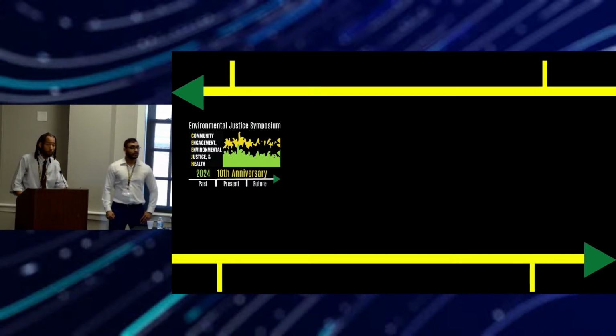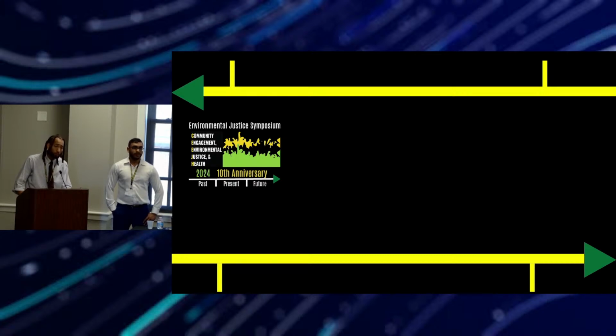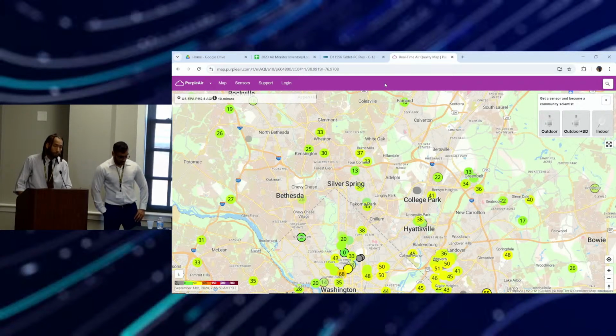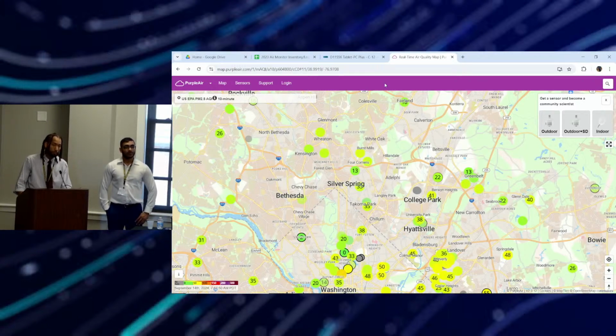Yes, ma'am, let me take a question. We work in PA, and some of our people have PurpleAir monitors in their homes. What about the positioning? We've compared the data from the government to where it is in their home, and they're centrally located right in the backyard of a steel plant. For some reason, it's showing that the community is less impacted, but the communities that are a little further away are more impacted.